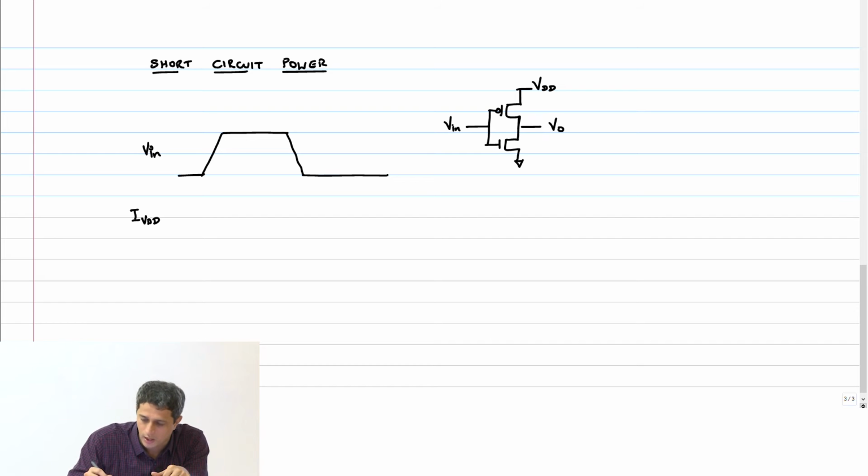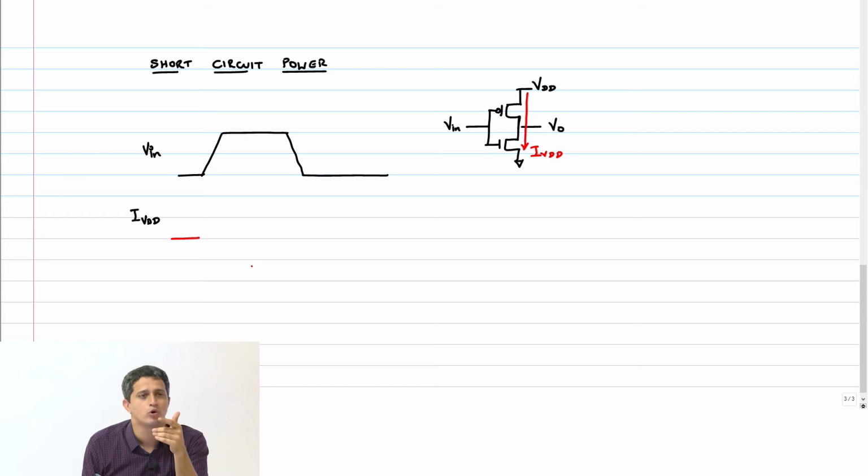Okay, there's going to be a current that's going to flow from VDD to ground like this. Obviously, in steady state, it's going to be 0, right? At what point will the IVDD become non-zero first?